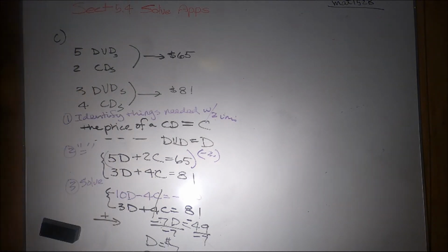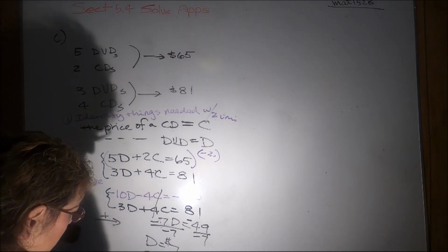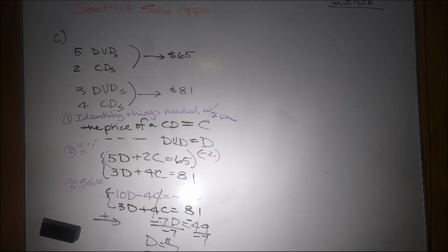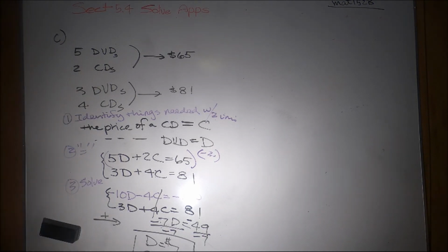Then you minus 35 on each side. That would be 30. 2C is 30. C is what? 15. Right? So each DVD would be $7 a piece. For CD, it would be $15 a piece.